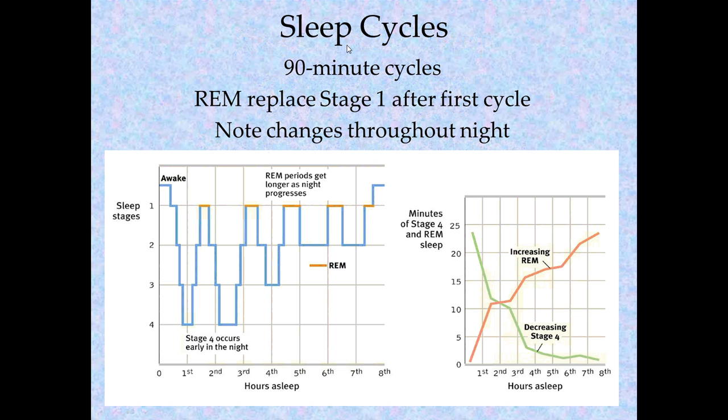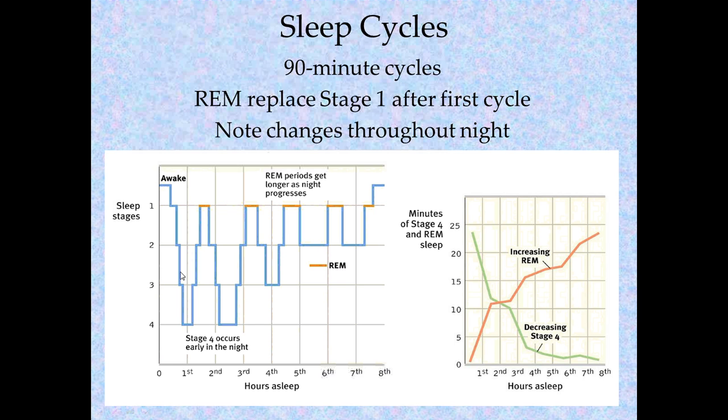Sleep cycles generally require about 90 minutes to be completed. And when the person first falls asleep, they will go through stage 1 sleep, not yet experiencing any REM sleep, and then into the deep stages of sleep. Oh, by the way, this chart is based on an older classification of sleep cycles where non-REM 3 was called stage 3 and 4 sleep.